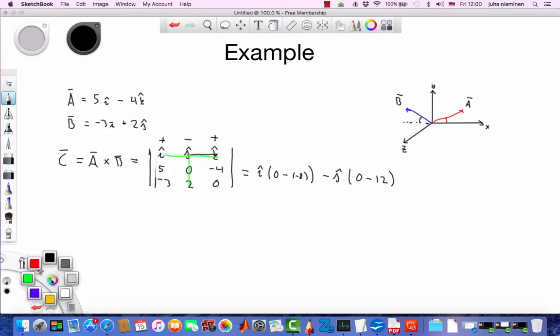And then the third development with respect to k, so we have to cancel this column and again this row, so we only have these 4 elements.